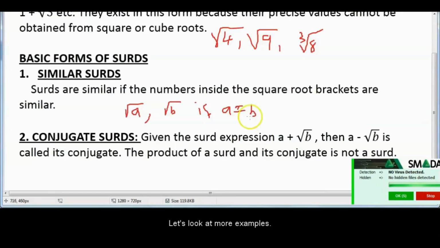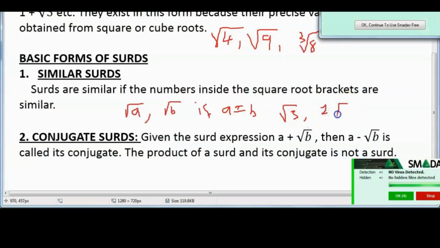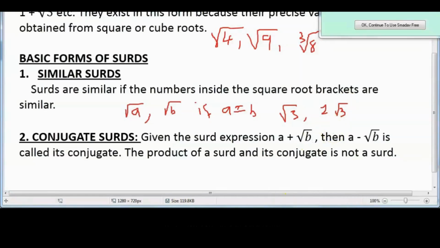Let's look at more examples. Root 3 and 2 root 3 are similar. They each contain 3 in surd form.